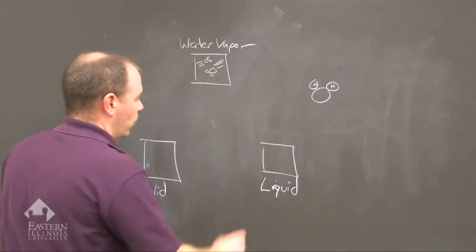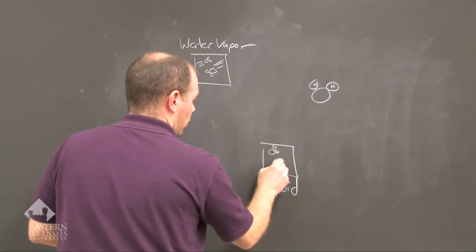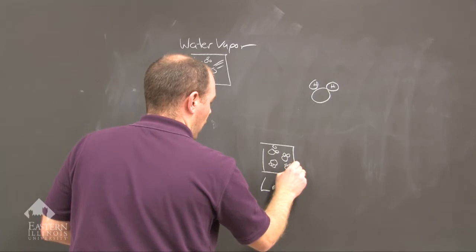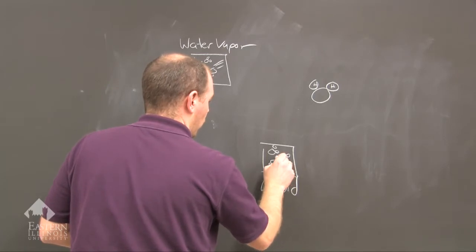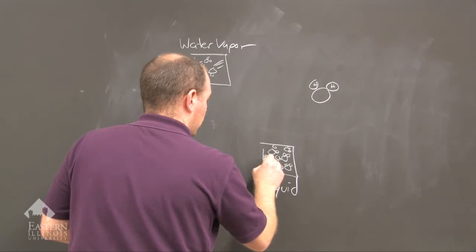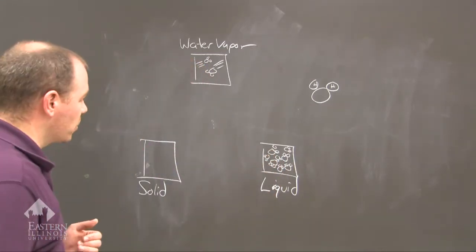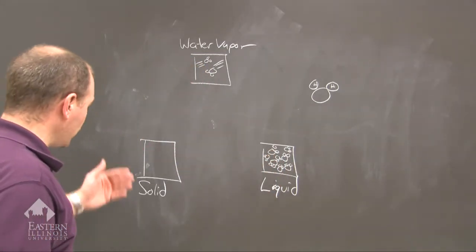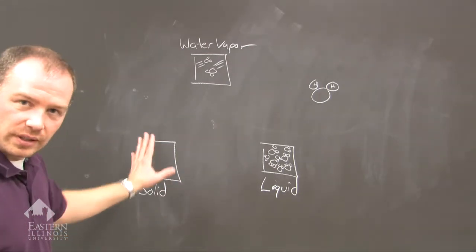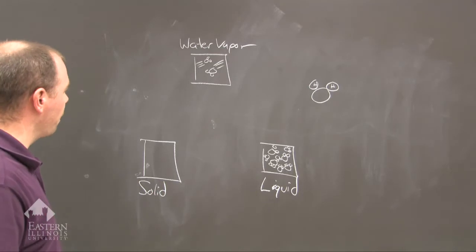Then you go to a liquid. The water molecules are definitely more dense. So you have a lot more of these water molecules hanging around and forming the state liquid. So liquid is water. Then the solid. The solid is very interesting.